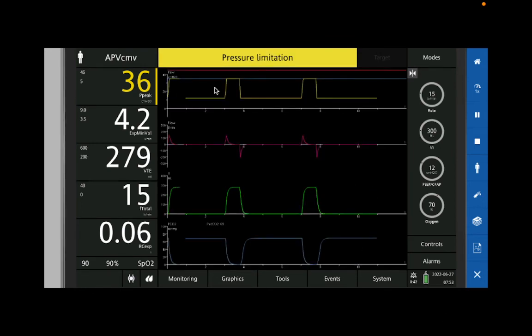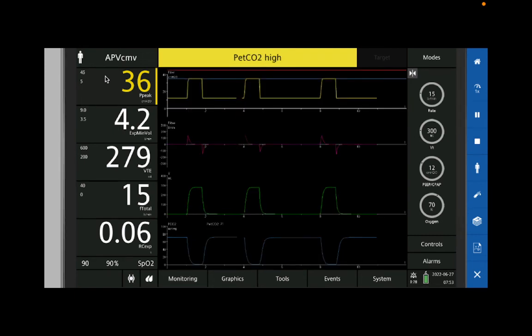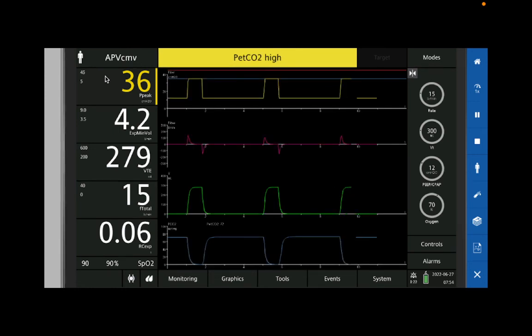So what else changed as we increased the PEEP is we saw our peak pressure go up a little bit, okay? The reason is as you increase your baseline pressure, the delta, the pressure between them, often will stay the same. So we were at a PEEP of 10, and we were going to 32, so the delta was 22, right?